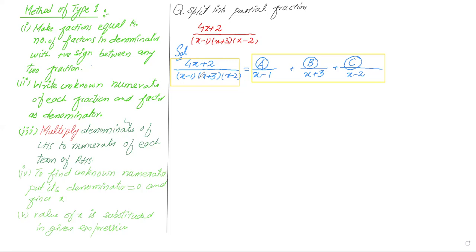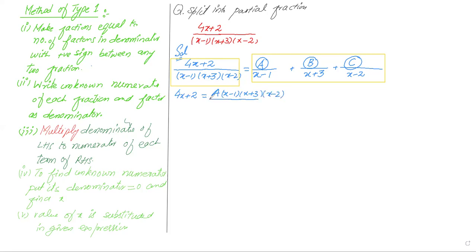And usually in mathematics, if on the left hand side something is dividing, on the right hand side it will multiply. So that step I have to apply over here. So I will get 4x plus 2 is equal to A, that will multiply by the denominator of the left hand side, because that is dividing on this side, other side it will multiply.